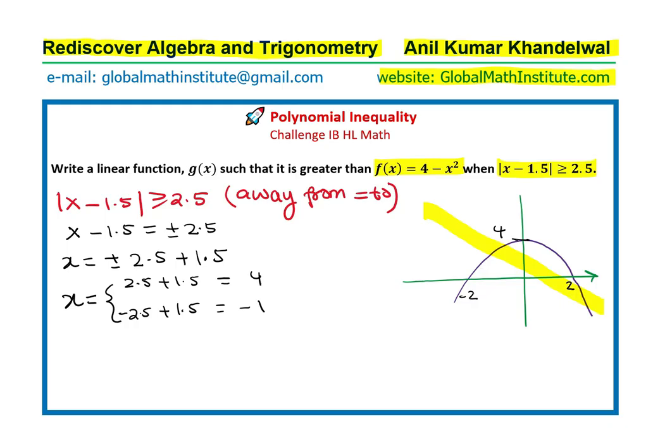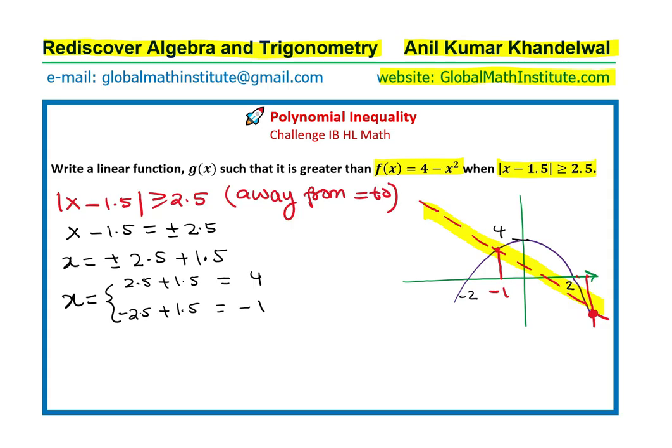We have a point here at minus 1, and let me say the x value being 4, somewhere there. So our line is this line.